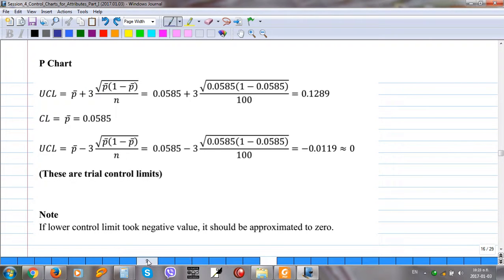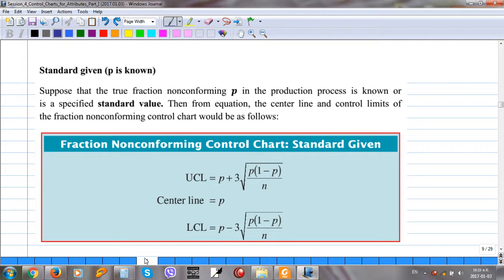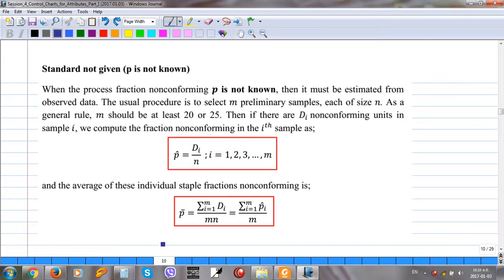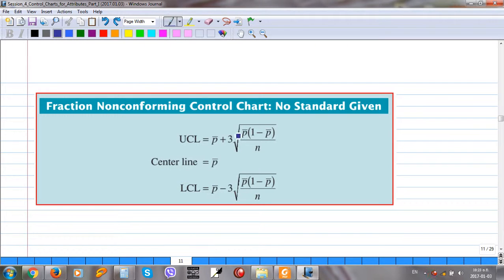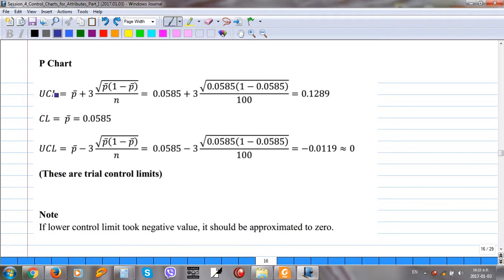Since the standard is not given, p is not known, so we have to use this equation for the p chart. The upper control limit is p bar plus 3 times the square root of p bar times 1 minus p bar over n.